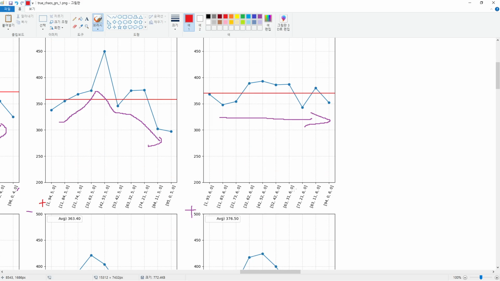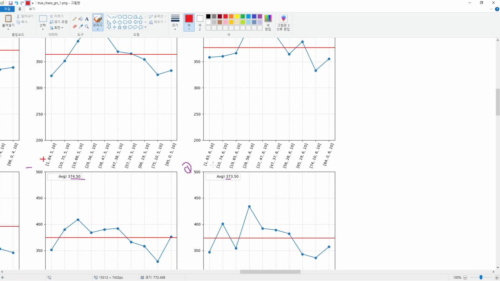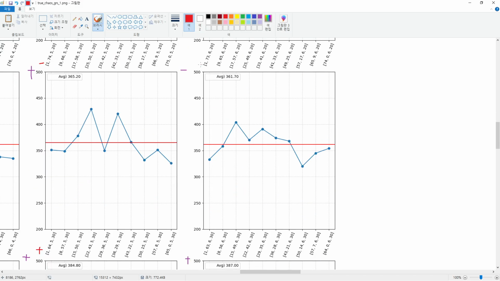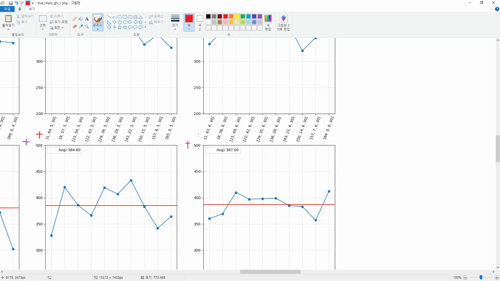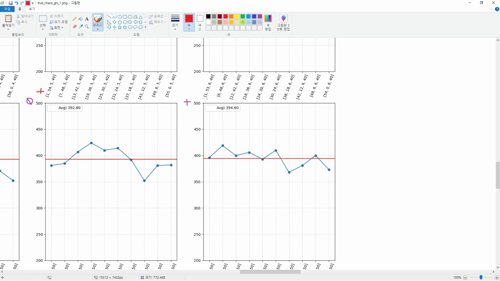Last column. 370, 376, it's a plus. 376 to 373, it's a minus. 373 to 361, it's a minus. 387, it's a plus. And from 387 to 394, it's a plus.